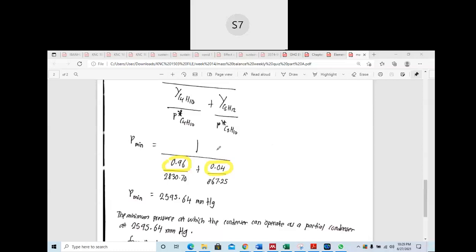So 1 minus 0.96. This is the vapor pressure that we already found for the C4H10 and the C5H12. Then we just directly calculate it, and we get the minimum pressure for the condenser operating as a partial condenser.